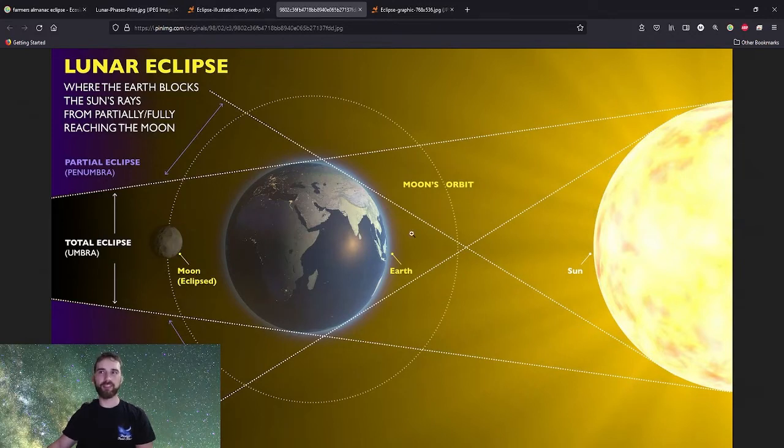And this isn't to scale, but the moon is in the full moon phase of the cycle. However, it is lined up behind the earth. So the earth is eclipsing the moon. So the earth's shadow, called the umbra, fully engulfs the face of the moon.